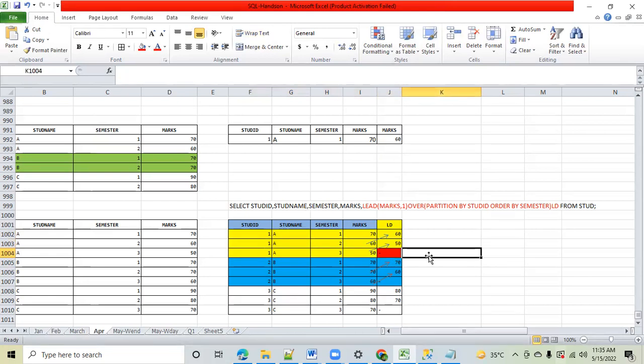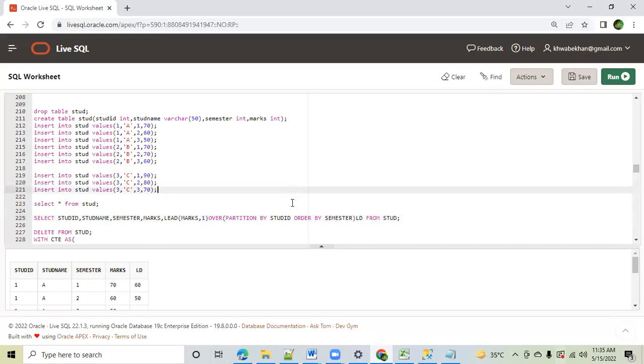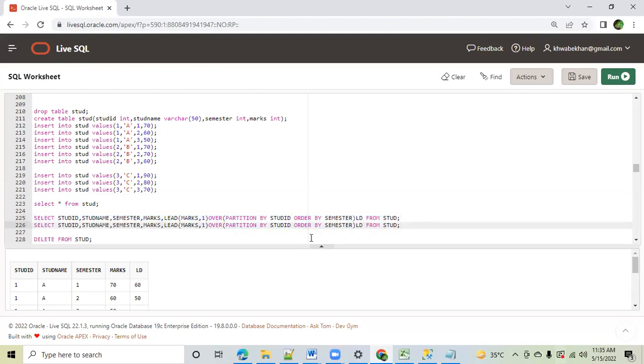Yes, Tanvir. Okay. Now here the same query. Let's try to understand that I have removed the partition. That's all. Now let me execute this query and show you the output.